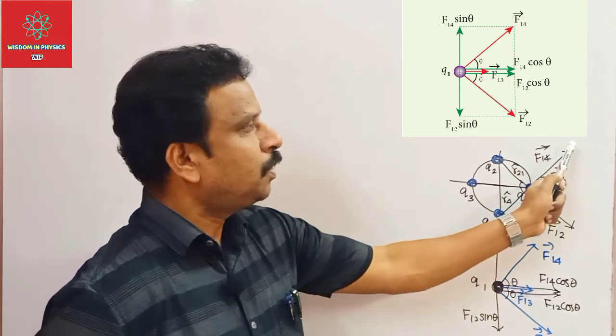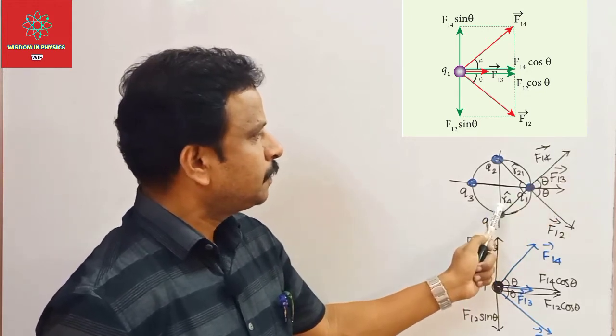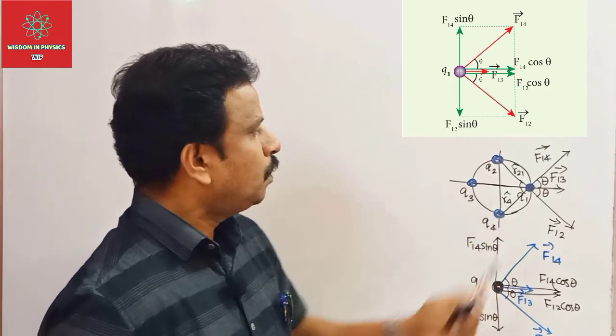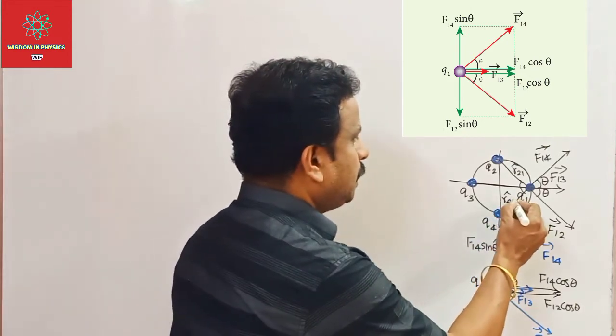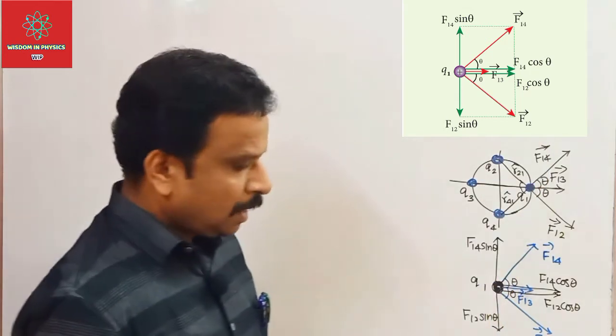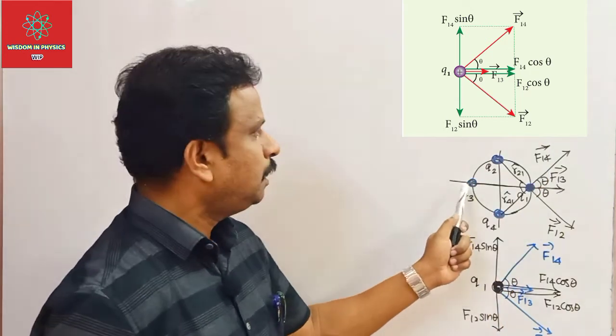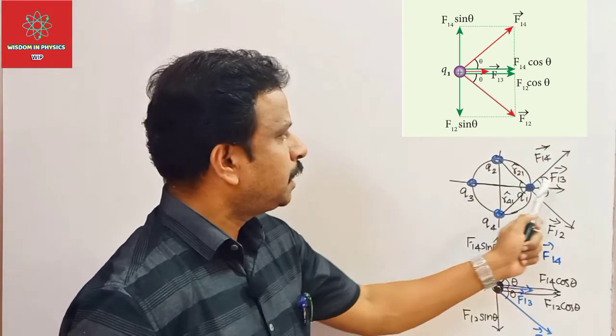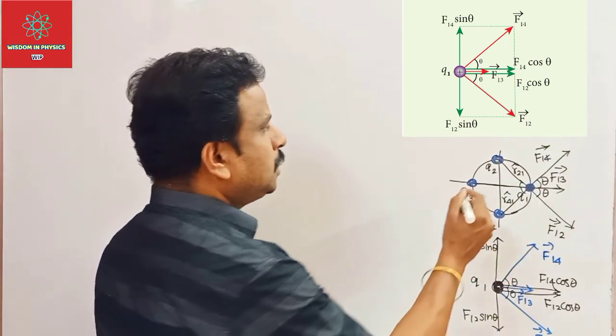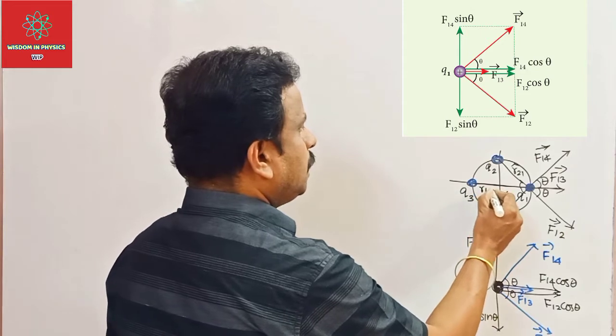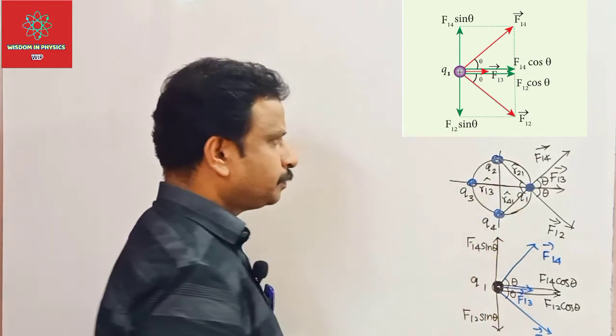It is the F14 vector, its direction is R41 cap, the unit vector along this direction. And the third force is due to Q3 on Q1, which is represented by the F13 vector. Its unit vector is R13 cap. Am I right?